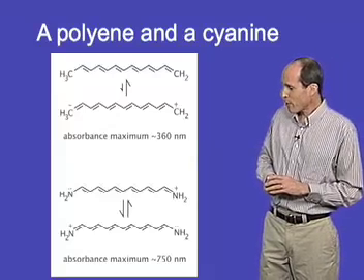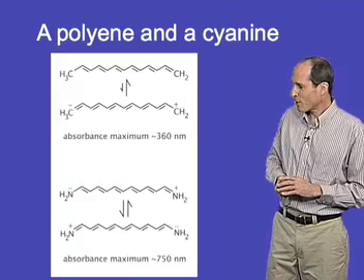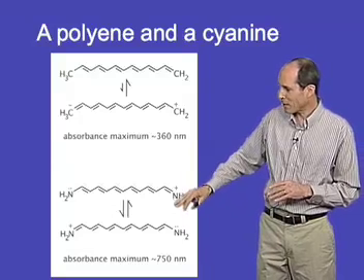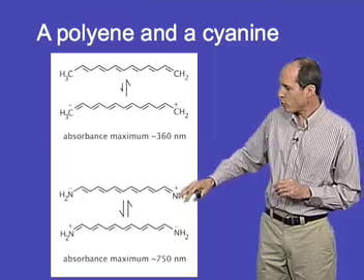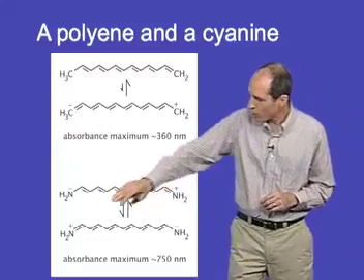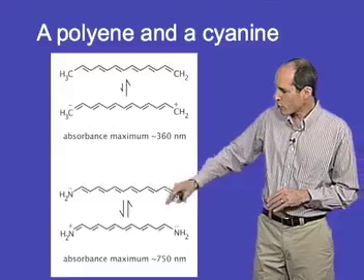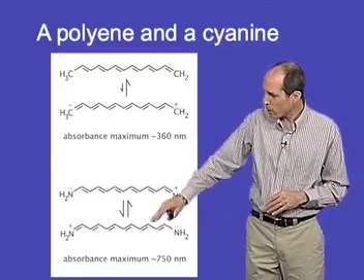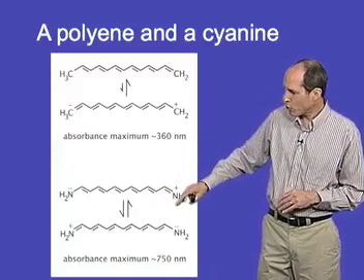At the other end of the spectrum, so to speak, for pi-electron delocalization would be a model compound of the sort shown down here. This is a cyanine, again, 6 double bonds, but now we have an NH2 at both ends. In one case, there's a positive charge, in the other case, a free electron pair. And I think you can appreciate that the resonance structure that is drawn below, in which each single bond has now been switched to a double bond, each double bond now switched to a single bond, simply is a mirror image of the one up above.